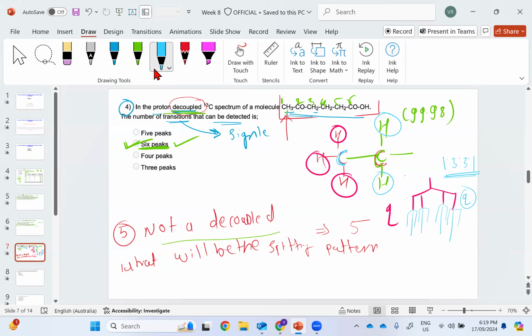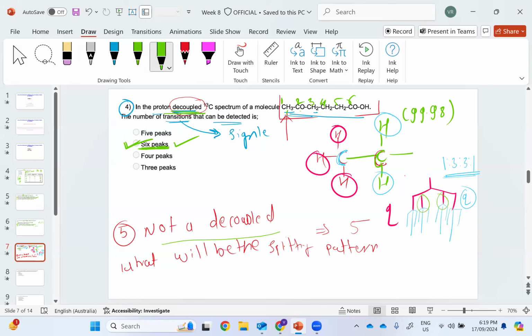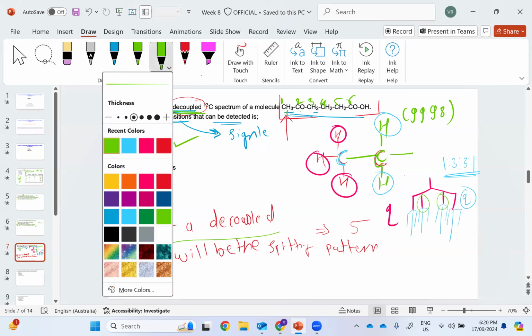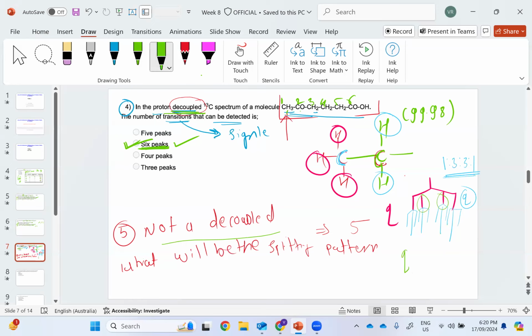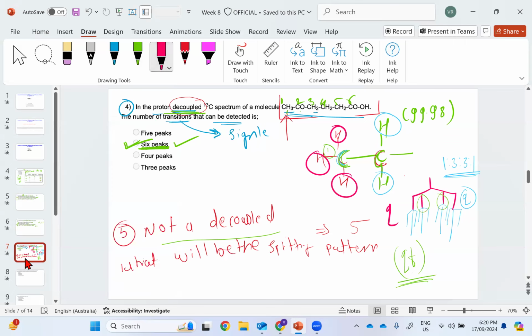So these two middle lines should be longer. But anyway, what will be the splitting pattern here? The quartet of triplets. So for this carbon we will get a quartet of triplets. Similarly, you can do it for the remaining carbons. I will take that in a new slide.